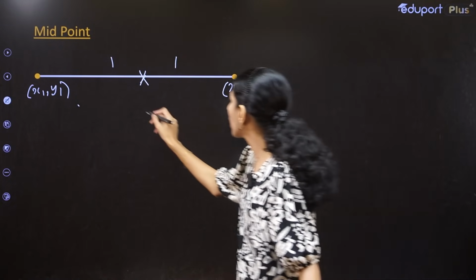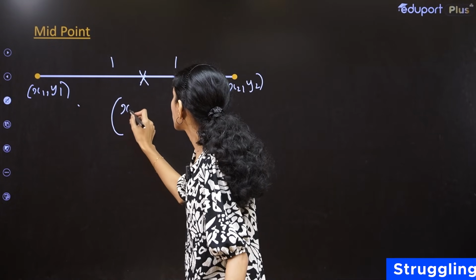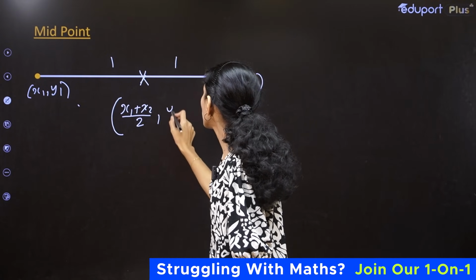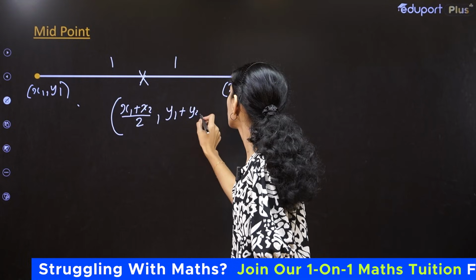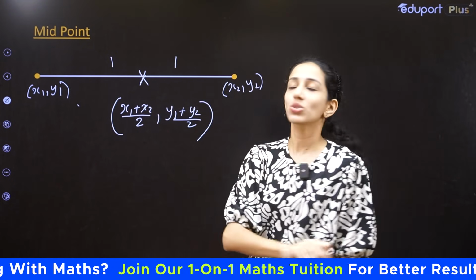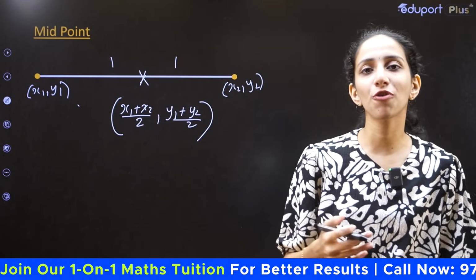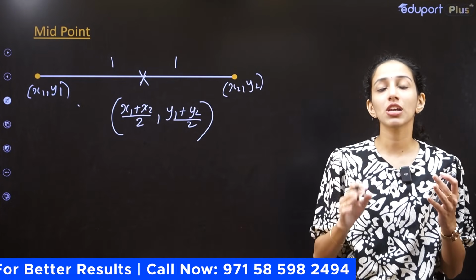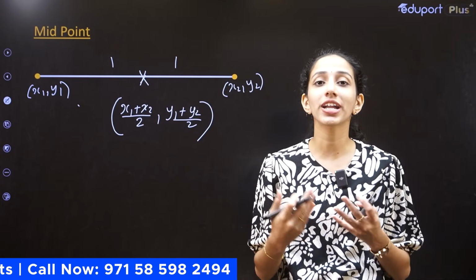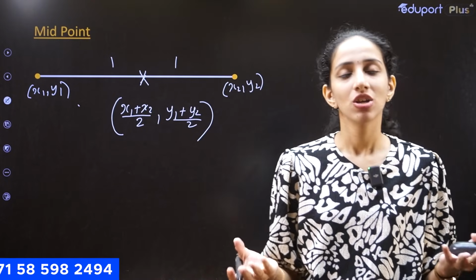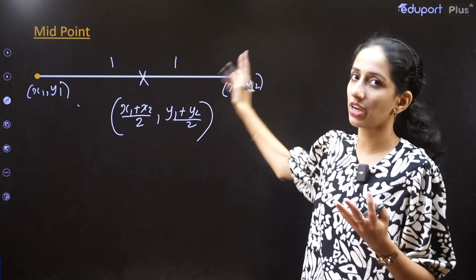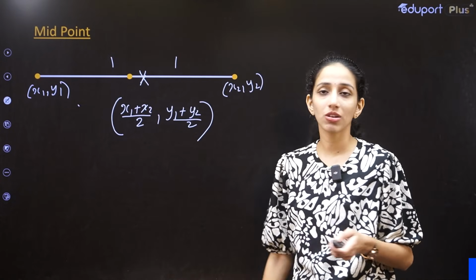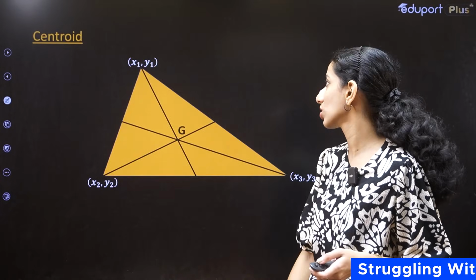So the midpoint will always be equal to (x1 plus x2) by 2 and (y1 plus y2) by 2. Okay, so that is a very easy formula compared to the section formula. If there is a requirement to find the midpoint of any line, you just find it using the midpoint formula. That's also another version of our section formula.